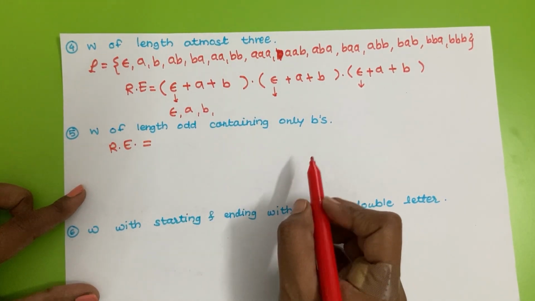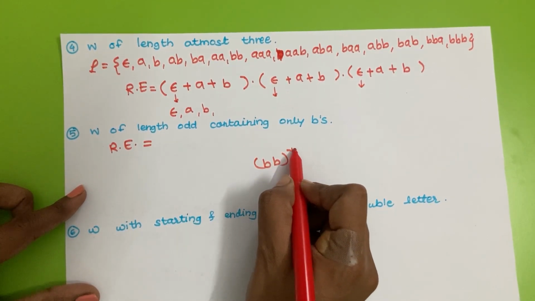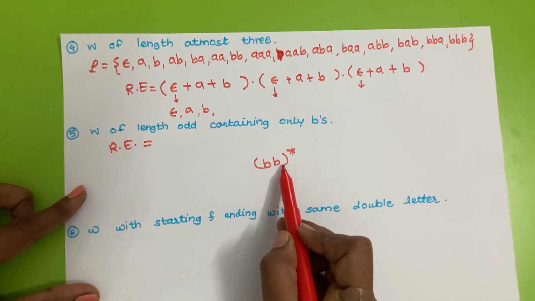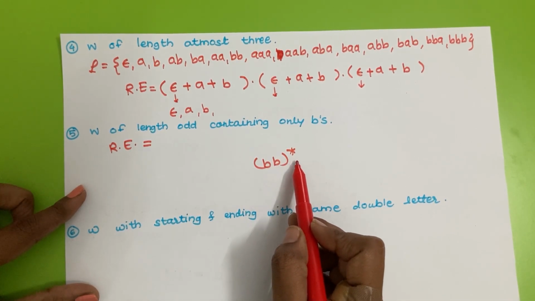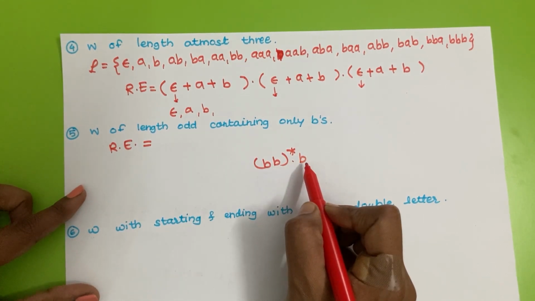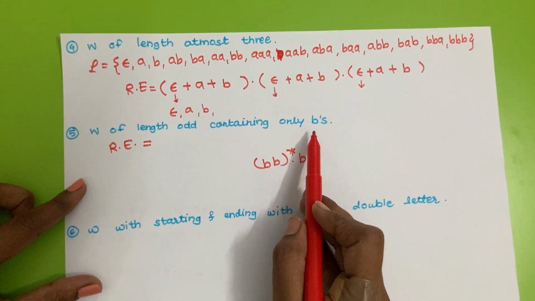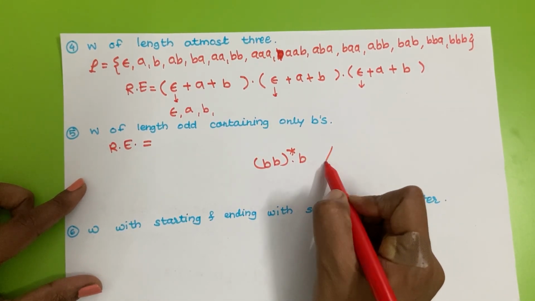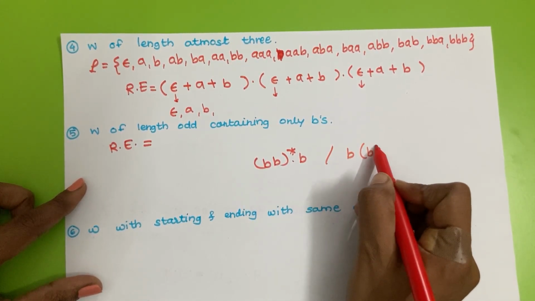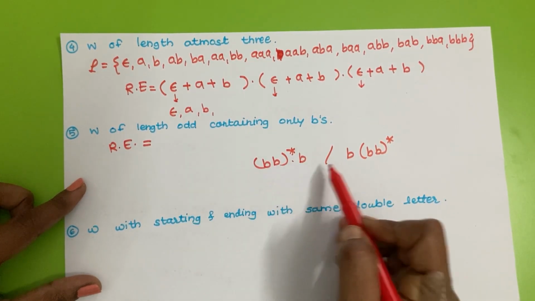Even length b's will be accepted by bb star, which repeats the b's an even number of times, and if we append a single b to this, then that will accept all odd length strings of only b's. Or this can also be rewritten as b star, or this; both are correct.